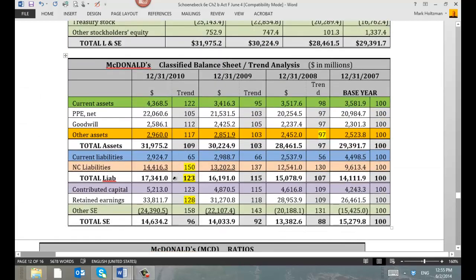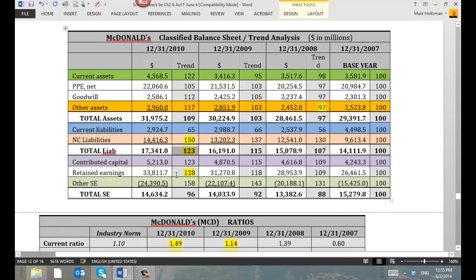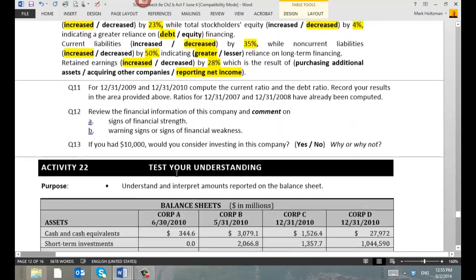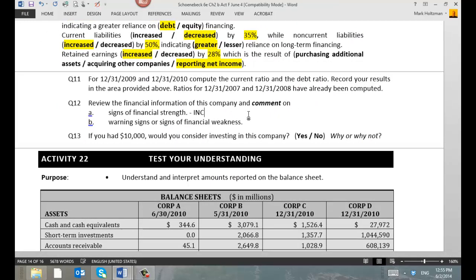Your liabilities are way up. Anyone worried about that? Liabilities increasing? I would say so. So one problem is the increase in liabilities. Anything to make you feel better about it, though?